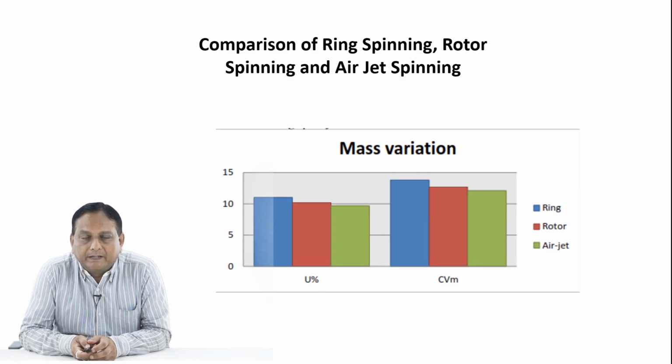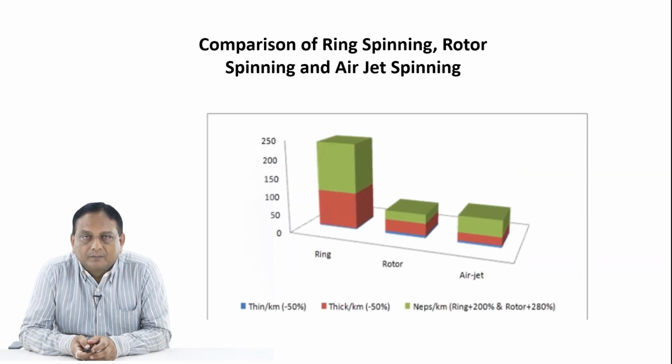So this is a diagrammatic representation of the mass variations to compare the ring, rotor and the air jet spinning. Now you can see in this diagram also how the thick places, thin places and naps per kilometer have been expressed here. In ring spun yarn, you can see they are more than in the rotor or the air jet spun yarn.